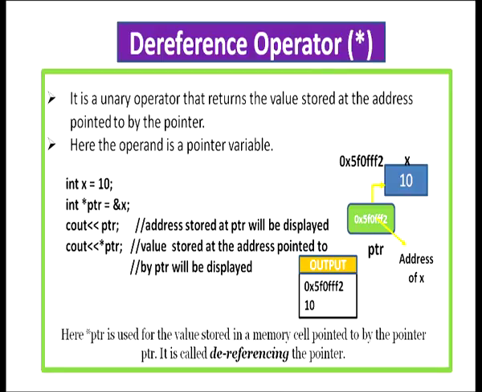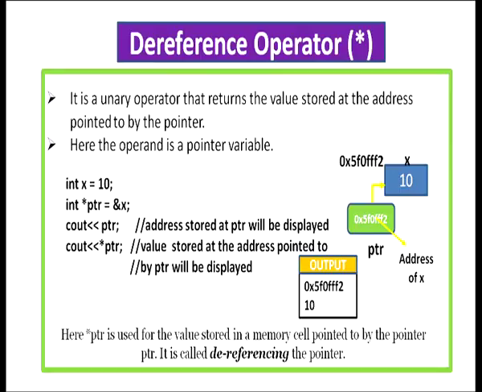When we say cout << ptr, the address stored in ptr will be displayed. You can see in the output the address which is stored in ptr, that is the address of x, will be displayed. The next statement is cout << *ptr. When we say *ptr, it displays the content which is present at that address.